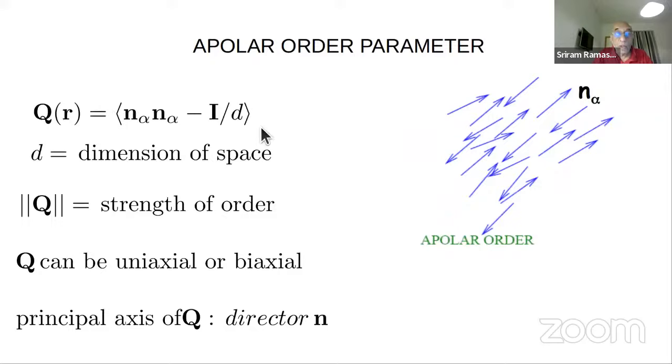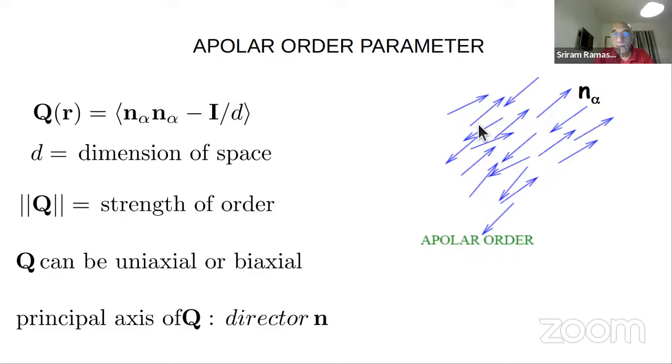You can also have a more complicated descriptor of the order, which I will talk about later in today's talk. Supposing you have a bunch of things whose axes are locally aligned, but whose head and tail aren't necessarily all aligned the same way. Look at these guys. There are a bunch of arrows. The axes are aligned, but some of them have heads that way, some of them have heads this way.